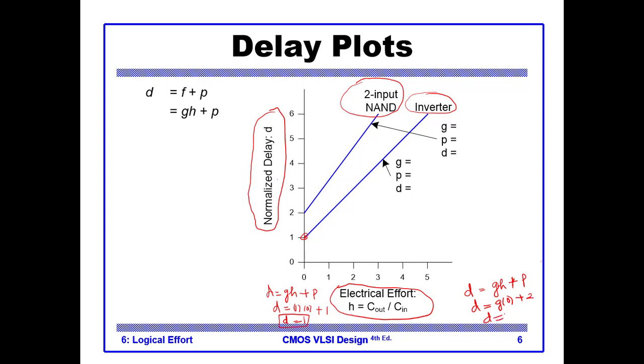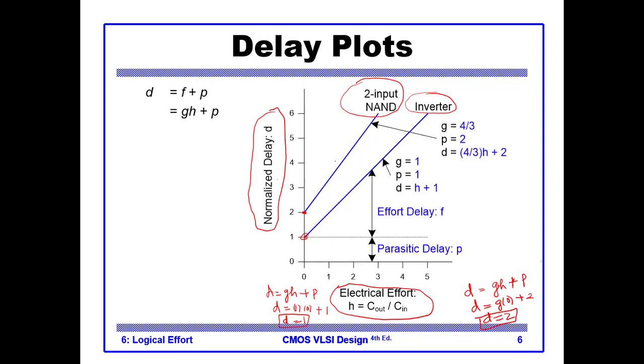So D is equal to 2. So you see this 2. Then if you increase the fan out, we have these two curves that go on different slopes. The slope of NAND is higher than the slope of inverter.